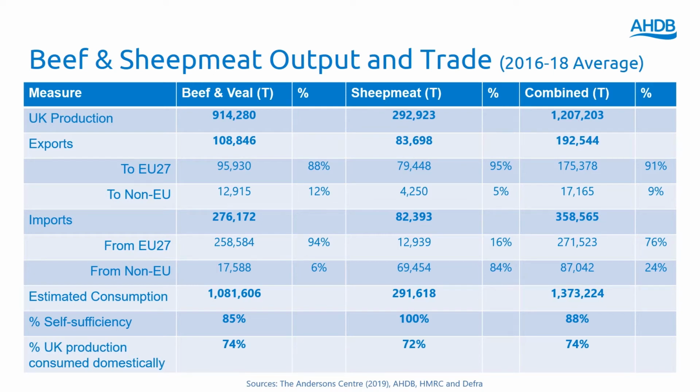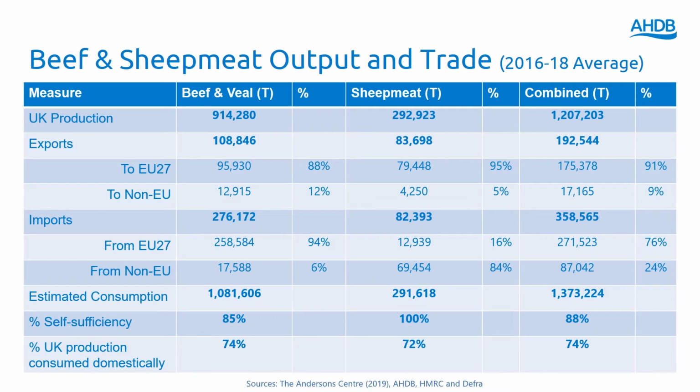If we look over on the sheep meat side of things, again, you can see that there's a substantial proportion of the exports going into the EU27 market, just over 95% of total exports. Within that, of course, France is a key market, traditionally always has been strong in terms of exports to the EU, also seeing significant increases in recent years in the German market as well.